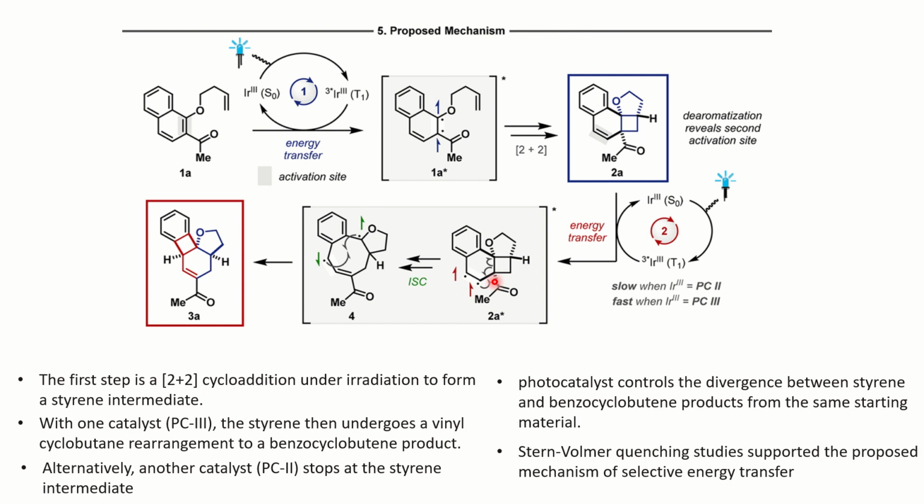The diradical then undergoes intramolecular ring expansion followed by the radical diradical trapping, and you end up with this cyclobutane moiety coming in between the two fused rings.